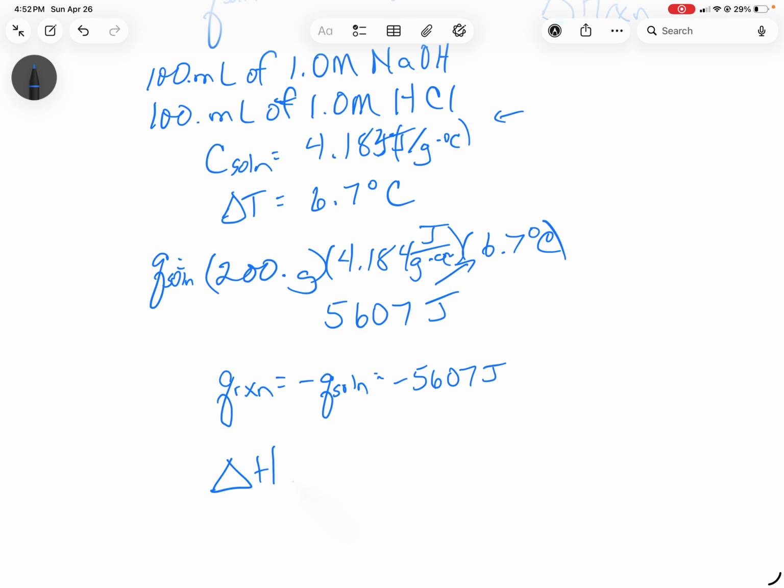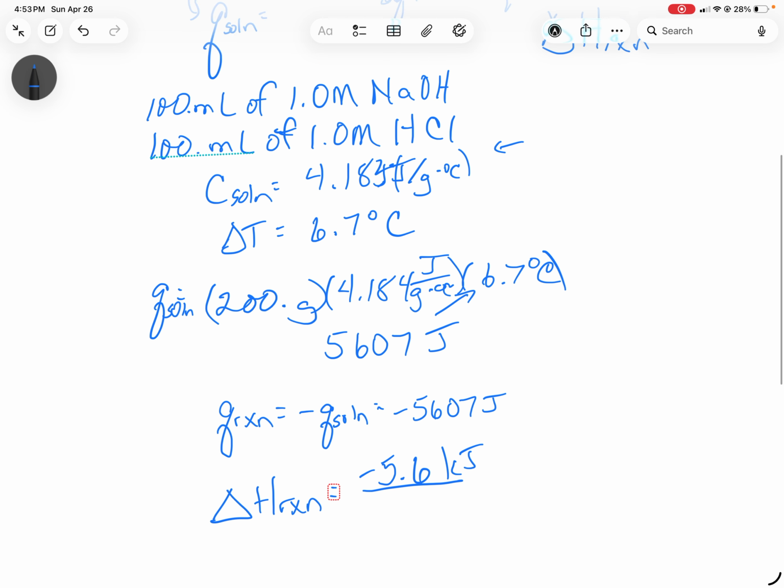The question was what is delta H of this reaction? I'm going to put that number into kilojoules because delta H's are usually given in kilojoules per mole. So this will be negative 5.6, knocked down to 2 sig figs, kilojoules, and I'm going to divide by mole of reaction.